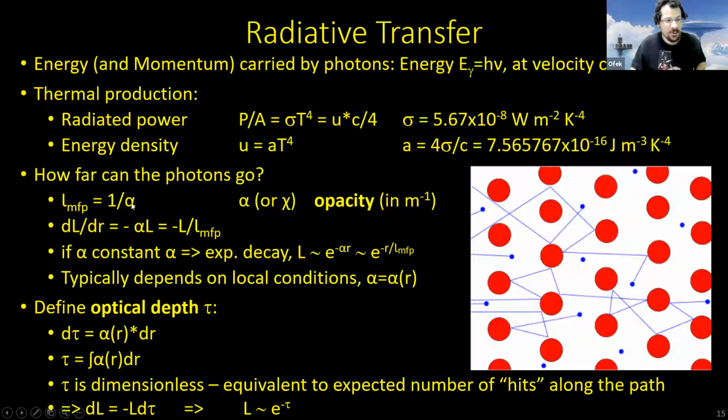However, alpha is almost never a constant. It will depend on the local conditions. So it will typically be a function, and under spherical symmetry, it will be a function of just one dimension, r, the radius, the distance from the center of the star, or in other cases, the distance from the edge of the star or into the atmosphere, or any other typical distance along which you want to follow the light rays, or the photons, propagating out.